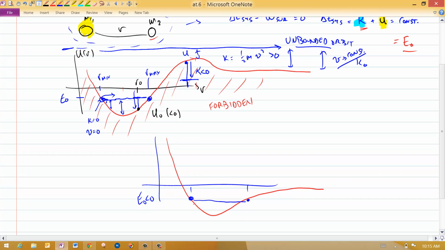So E less than 0 for this particular potential are all bound. If the energy is positive, no matter where you start off, let's suppose you start at this R with this much kinetic energy, heading inwards, you'll go to some minimum spot where you have to stop, and then you will go back out to infinity. This is, again, an unbounded orbit.